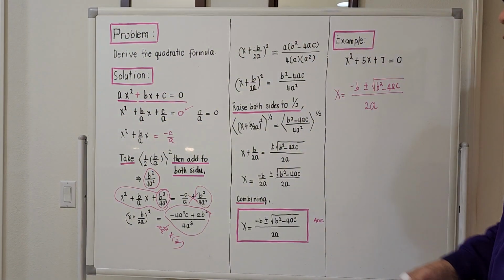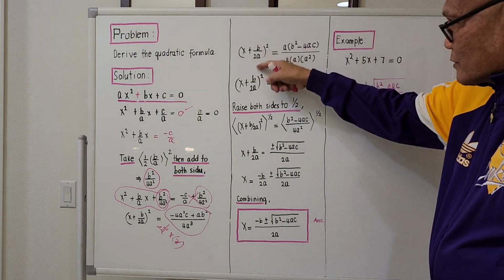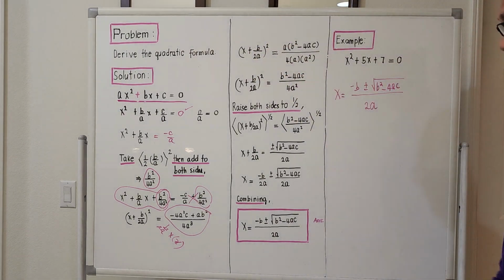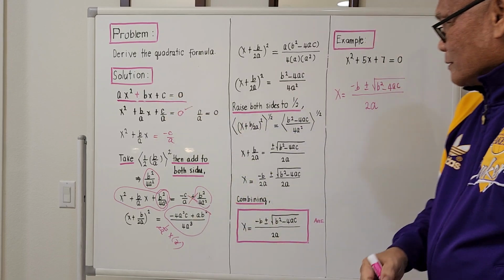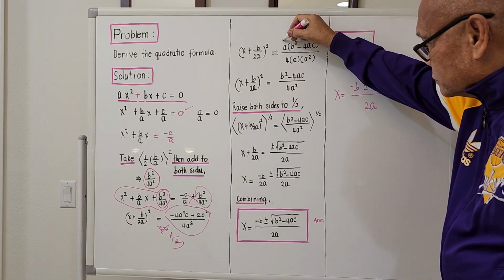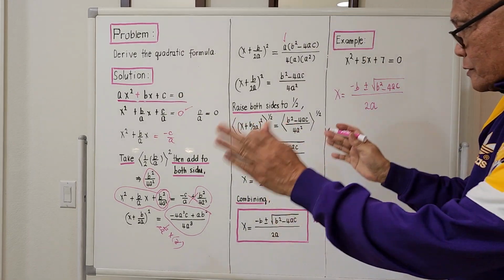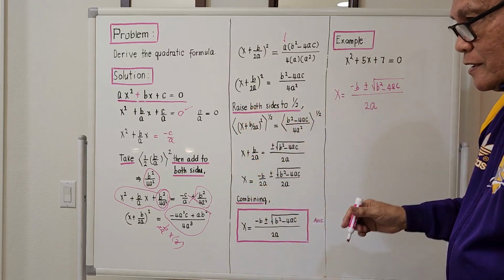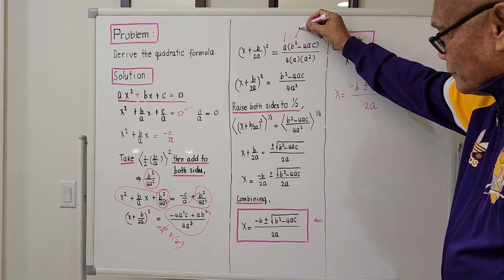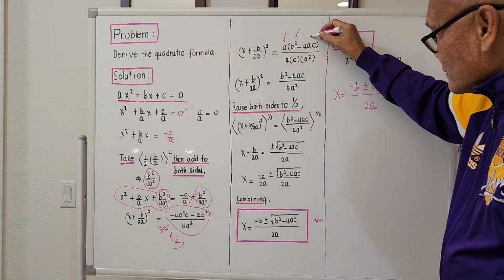Continuing with the solution, this will be x plus b over 2a quantity squared equal to. There is a common factor a on the numerator. We bring it out. Okay, then we try to rearrange. We'll write first the positive term, so it will be b squared, okay, minus 4ac.